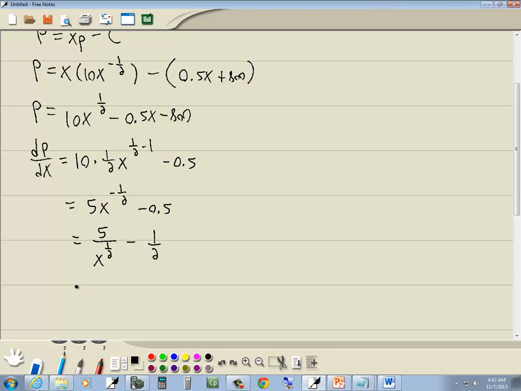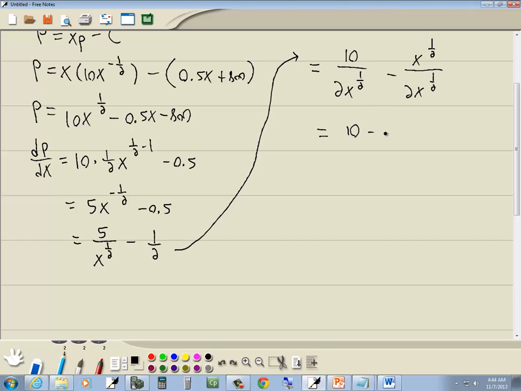Now we want to get a common denominator. Our common denominator would be 2x to the 1/2; we just multiply these two together. So we want to rewrite each fraction with the same denominator. For this first fraction, I multiply the bottom part by 2, so I multiply the top part by 2, which gives us 10. Here I multiply the bottom part by x to the 1/2, so I multiply the top part by x to the 1/2.